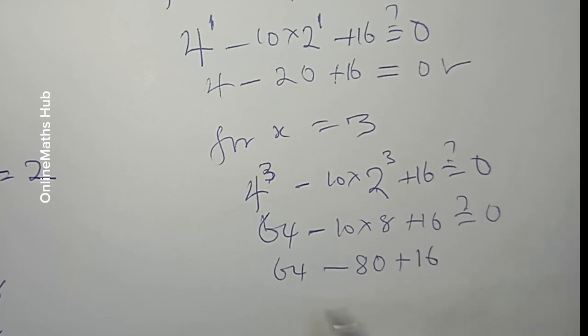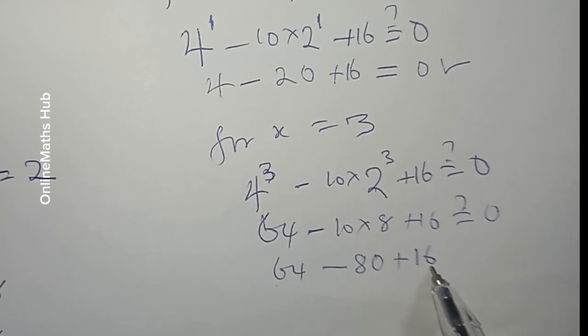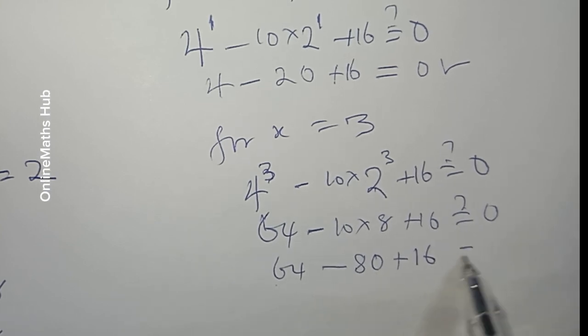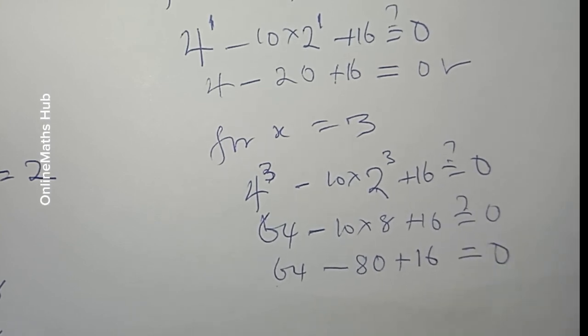When you add 64 to 16, it's equal to 80, and 80 minus 80 is equal to 0. So you can see that the two solutions satisfy the problem we are solving.